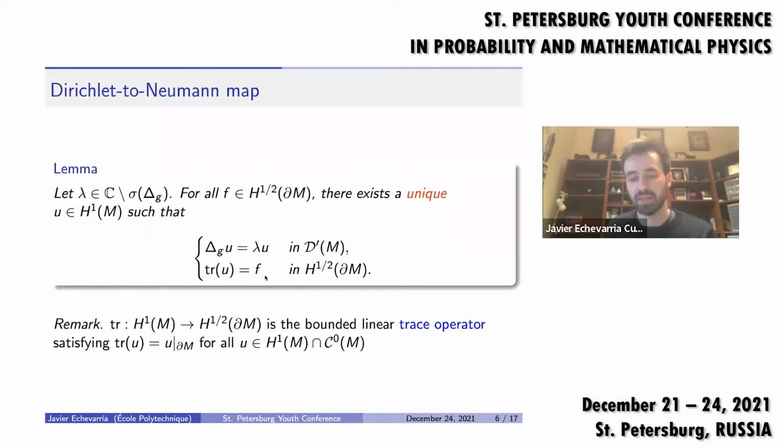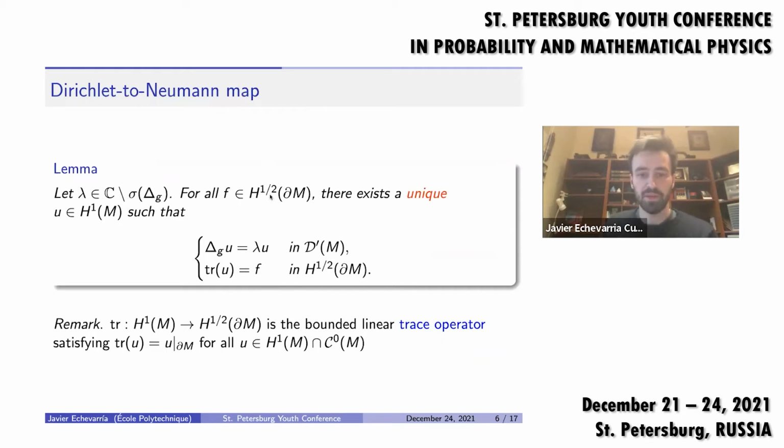Again, it's obtained through a variational problem. It's pretty standard. And here the trace, as a reminder, is the trace operator, so it's the restriction to the boundary, which is well defined when the distributions are sufficiently well behaved.